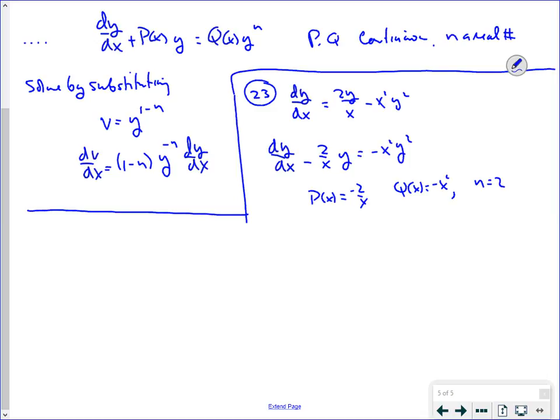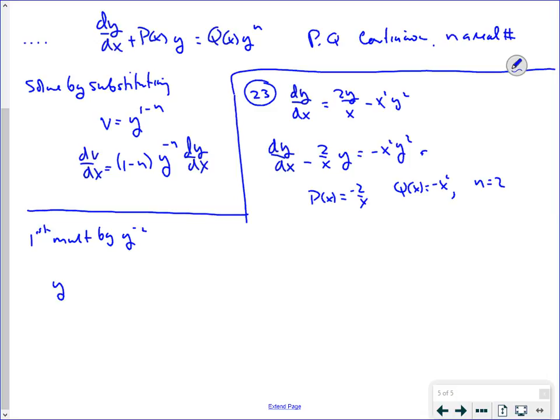So let's get this y squared term out of the way here. So let's multiply by y to the minus 2.